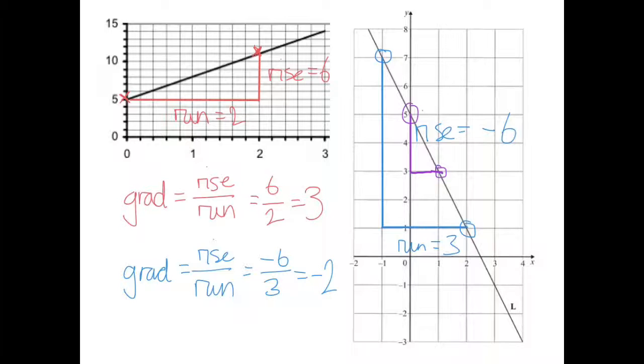So when I go to do the rise over the run, gradient is rise over the run. It went down by 2 squares, that's -2, and it went across by 1. And we still get a gradient of -2. So it doesn't matter which points you choose in the line, as long as you count them accurately, you'll always get the same gradient.